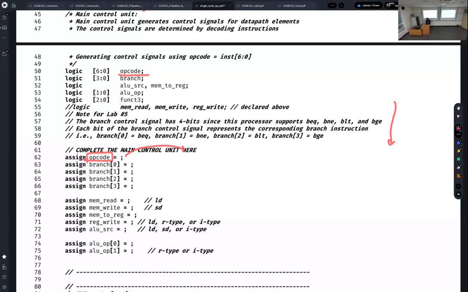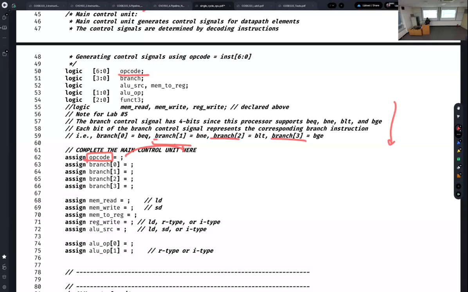If you read these comments, you can find branch 0, which is the BEQ: if an instruction is BEQ, then branch 0 becomes 1, otherwise 0. Also, I define branch 1, branch 2, and branch 3.